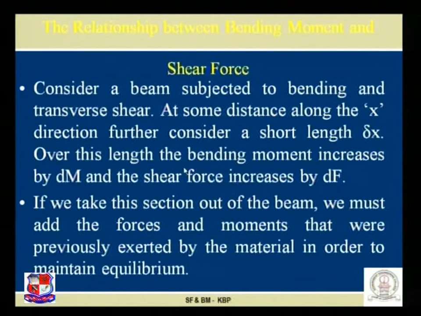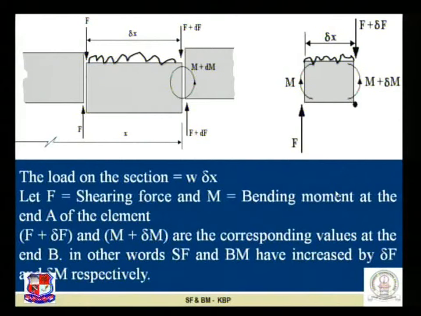Now over this length the bending moment increases by dM and the shear force increases by dF. If you refer to this figure, if the shear force acting at this cross section is F, then on the other section the shear force is F plus delta F. There will be a slight addition of shear force because of this delta x of the length of the beam.